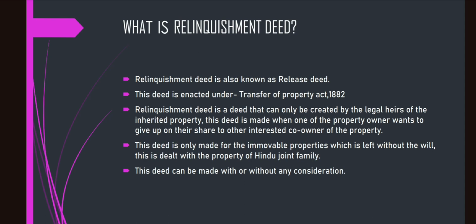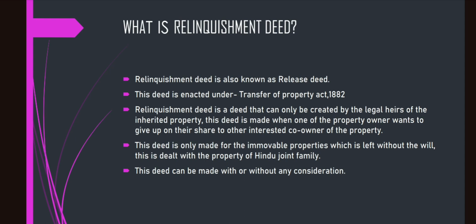For example, let us take that there are three sons taking care of a property which they inherited from their father. Now, two of the sons live far from the property and one son lives nearby the ancestral property. The two sons who are living far away are facing problems to maintain their shares in that property.